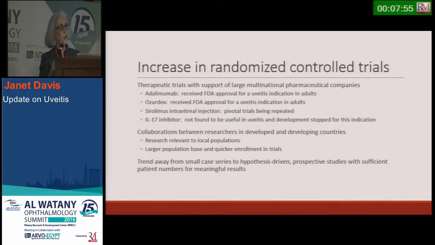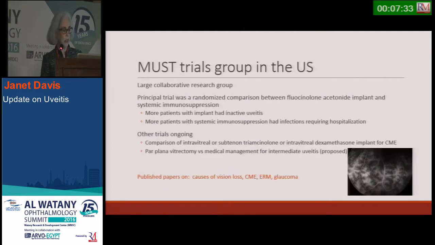There's also a trend in the literature away from small case series to hypothesis-driven prospective studies with sufficient patient numbers to give meaningful results. This is a good thing, because the uveitis literature up to now has not been particularly robust compared to other endeavors in ophthalmology, such as retinal diseases.